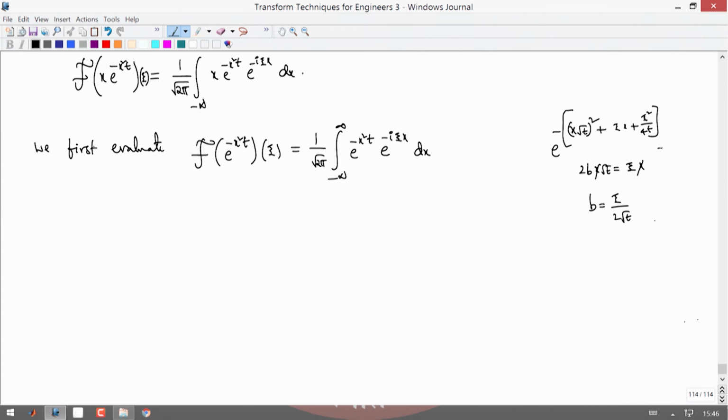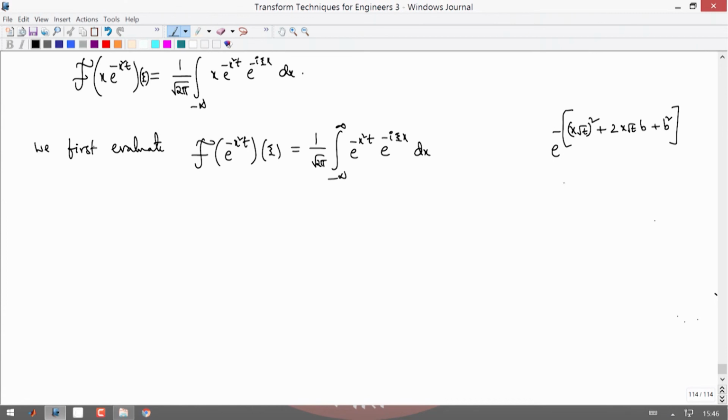So, this together is nothing but e power this. So, you have this quantity already here, and of course there is an i missing, right. So, let me write again. This is x square plus 2 x root t times b plus b square.